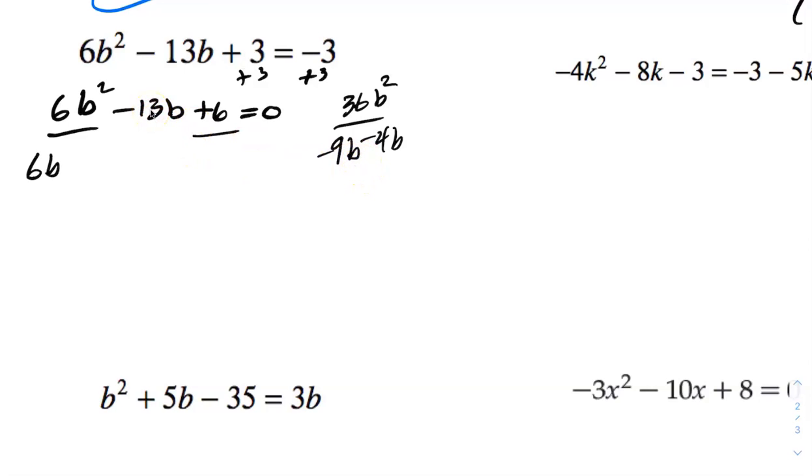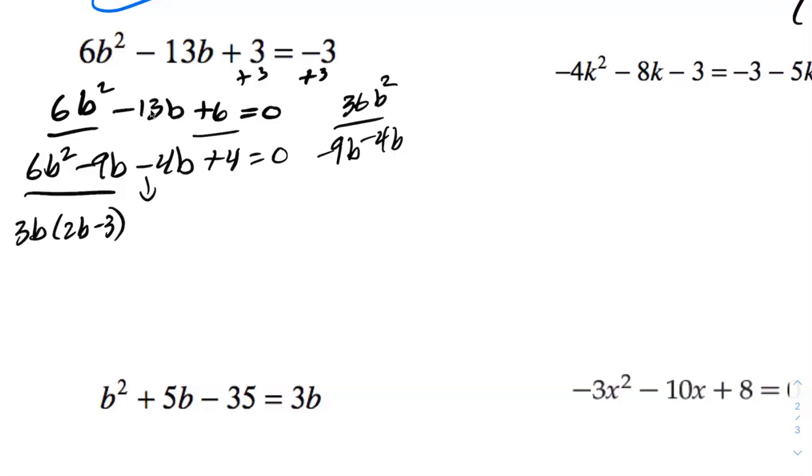So 6b squared minus 9b minus 4b plus 6 equals 0. Factor by grouping. These two have a 3b in common. Bring down the middle sign. These have a 4 in common. Remember, we're dividing by -4, so -4b divided by -4 is just b. 6 divided by -4 is... and what?